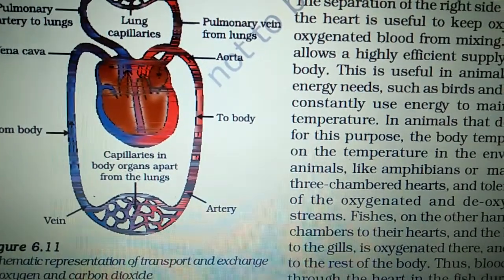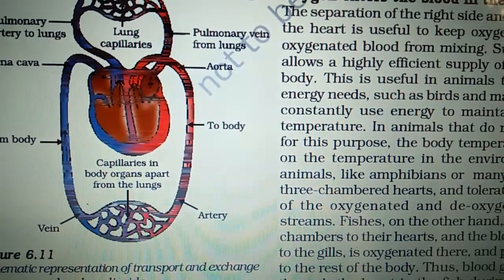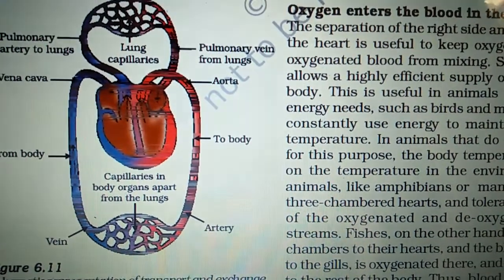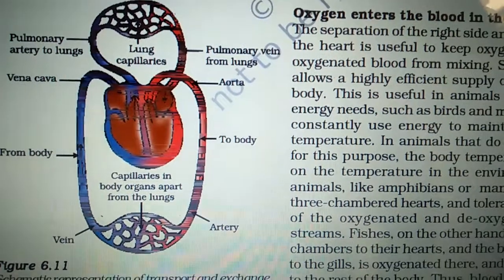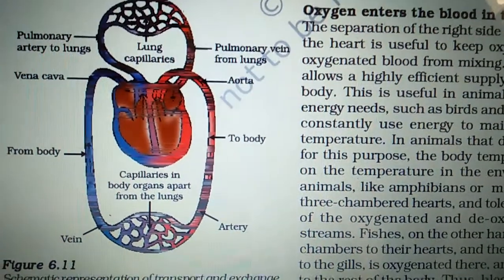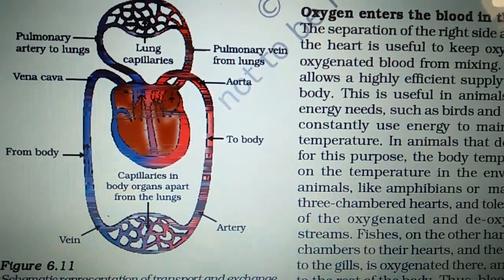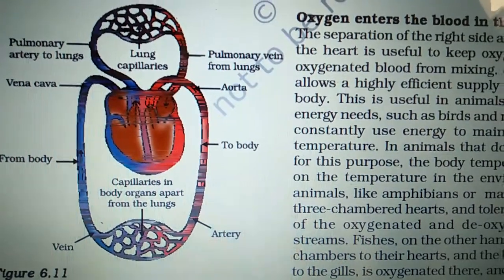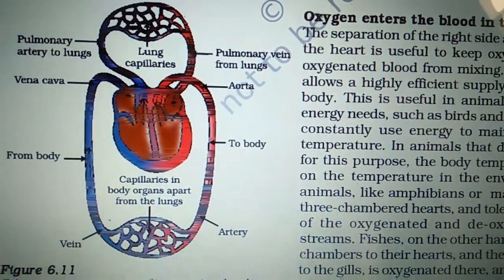So mammals and birds have a four chambered heart and are warm blooded. Reptiles and amphibians have a three chambered heart, they are mixed blooded. And fish, which are aquatic, from the Pisces group, have a two chambered heart and are cold blooded animals.